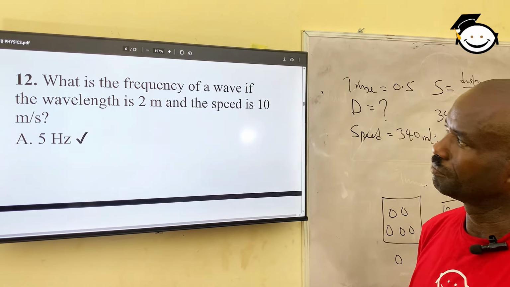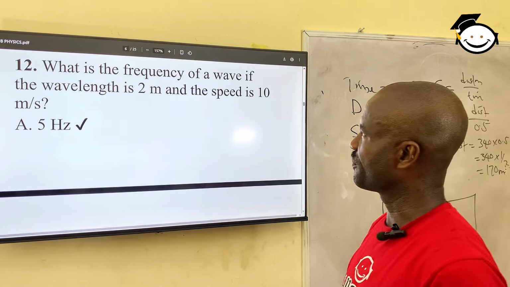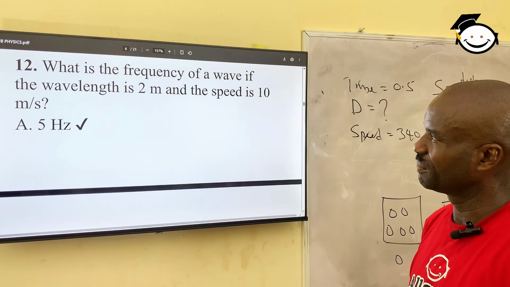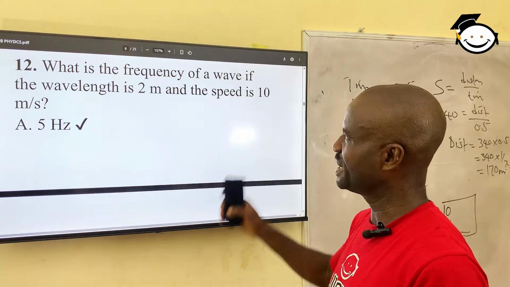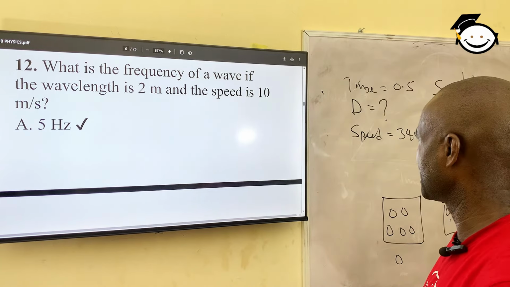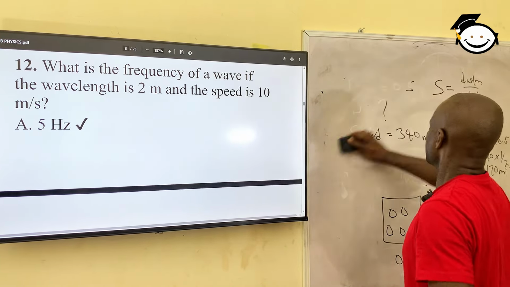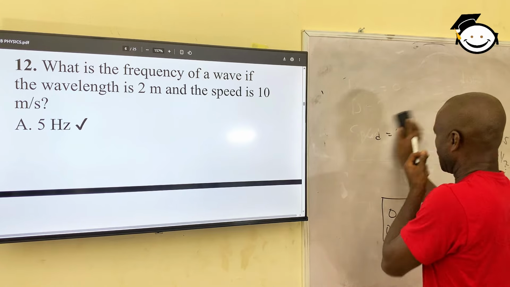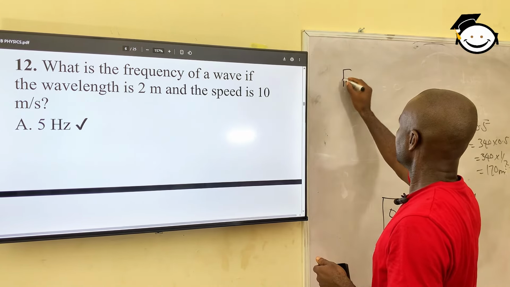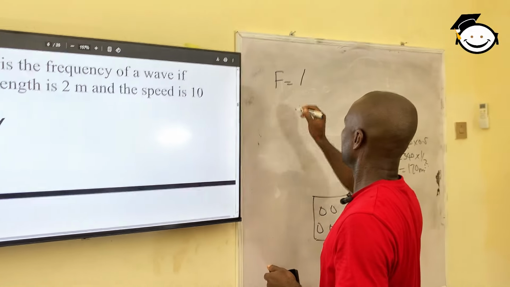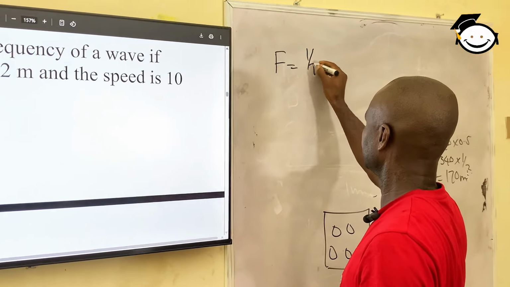Question 12. What is the frequency of a wave if the wavelength is 2 meters and the speed is 10 meters per second? Mind you, frequency is defined as 1 over time.